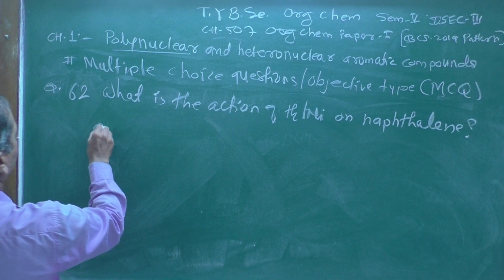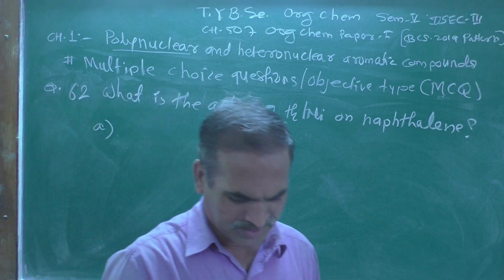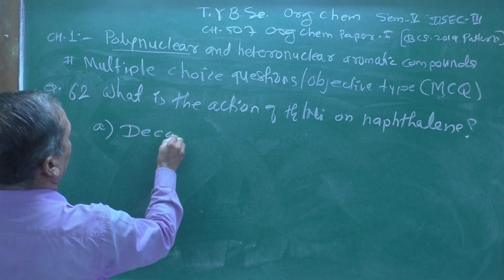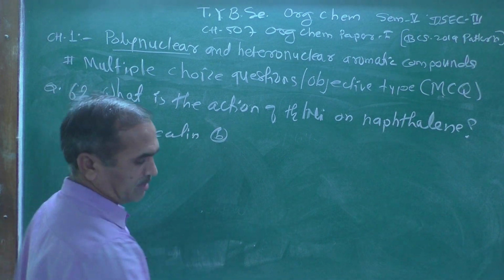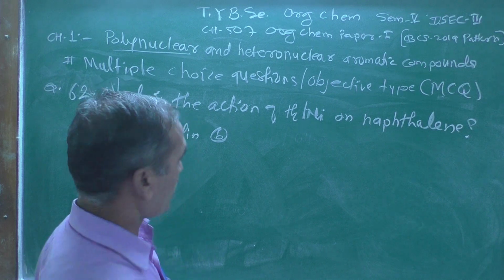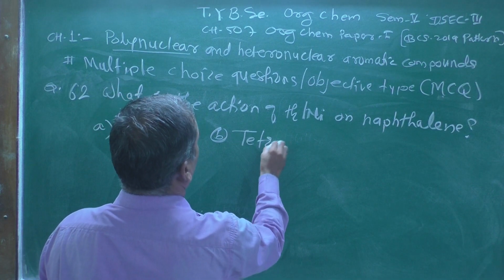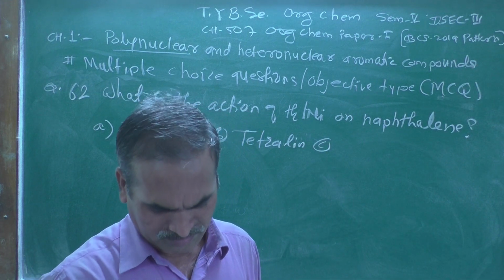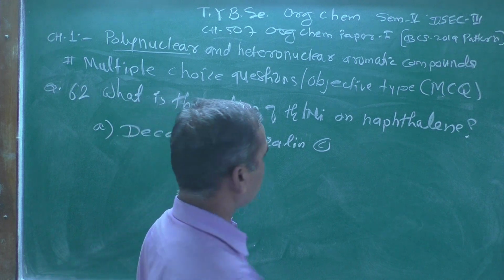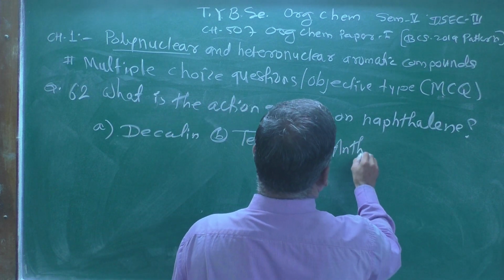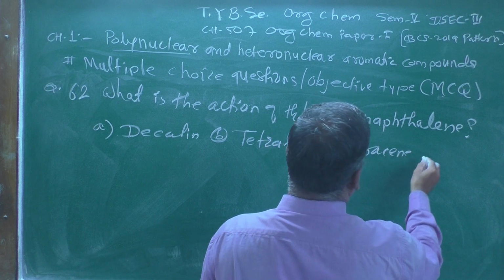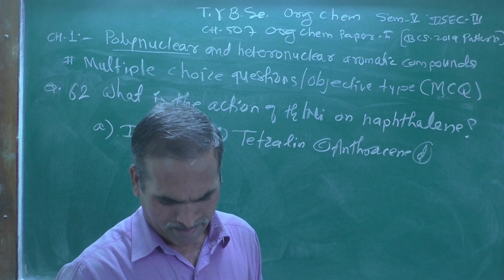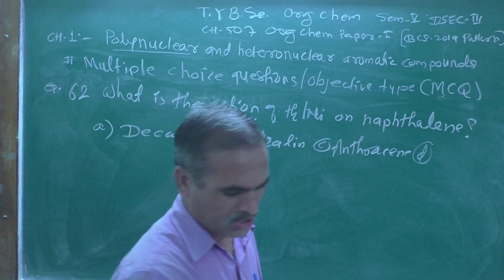The options are like this: A is decalin, B option is tetralin, C option is anthracene, and D option is none of these.